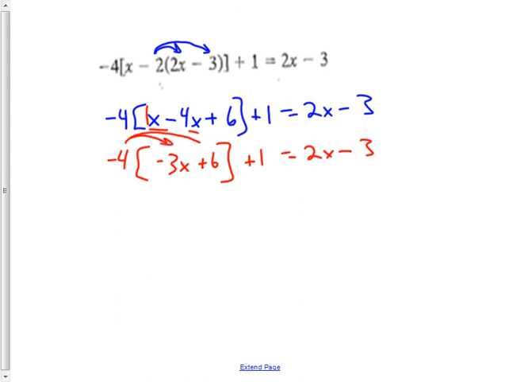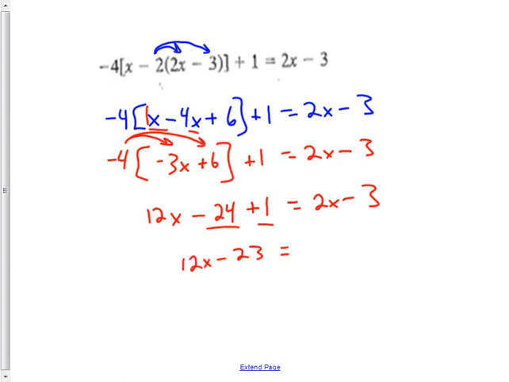Now I still have this distributive property to do, but I'm only doing it to 2 things instead of 3, but I'm going to come out with the same answer. If I multiply right, negative 4 times negative 3 is positive 12x, and then negative 4 times 6 is negative 24, with a 2x minus 3. Same side like terms, 12x minus 23 equals 2x minus 3.